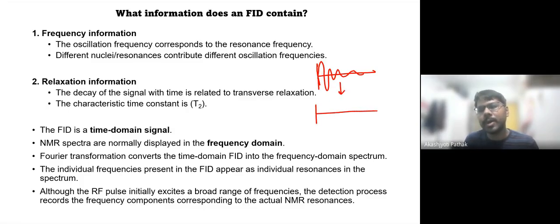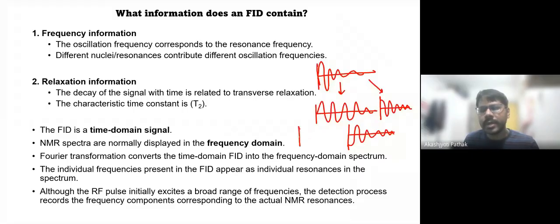For example, a particular nucleus can have this signal. There can be another nucleus which is showing this type of decay, and another nucleus showing a decay in this form, starting here.